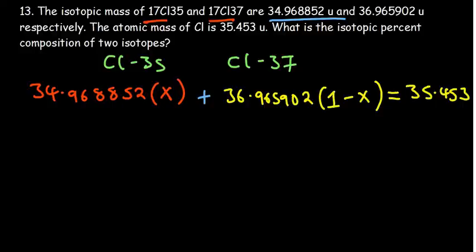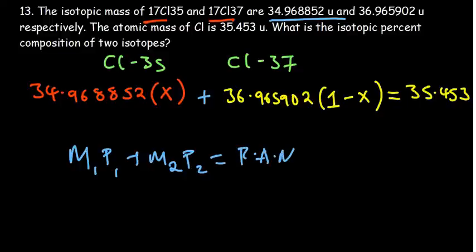The argument there is that the isotopic mass multiplied by its percentage, plus another isotopic mass multiplied by its percentage, should give you the relative atomic mass of that element. That's what I'm trying to say there.